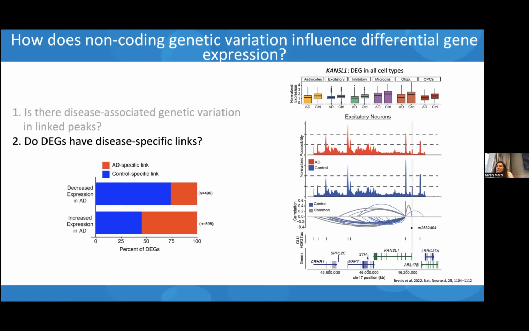And would you say then that you have better power to detect these disease-specific links than power to detect differences in ATAC signal between cases? I think so. Because you're combining the two, you're really lending power to both assays.